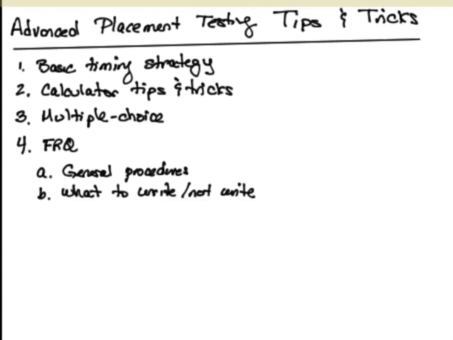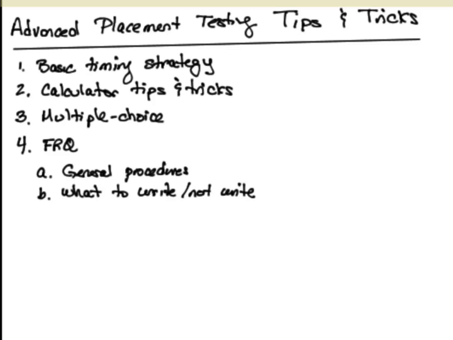What to write, what not to write. Some students, when they don't know exactly how to do a problem, will write down the procedures to do the problem. They'll say things like, well, if I knew how to do this problem, I would first do this, then I would do that, whatever that might be.